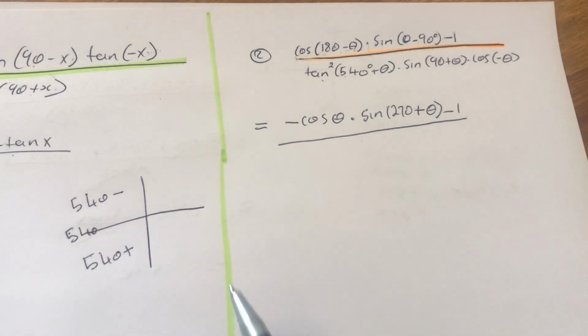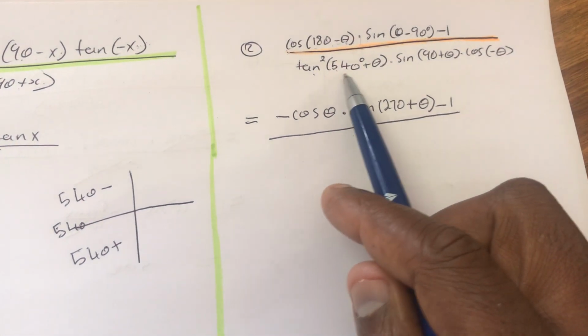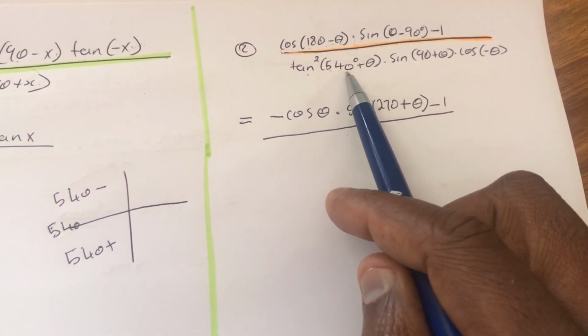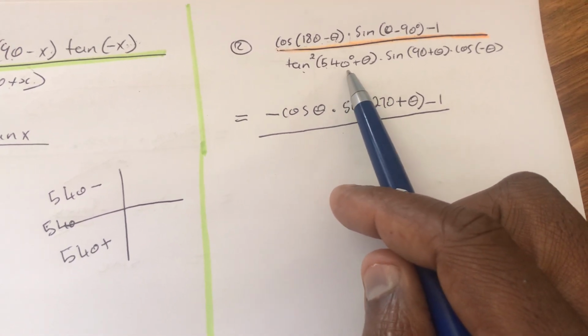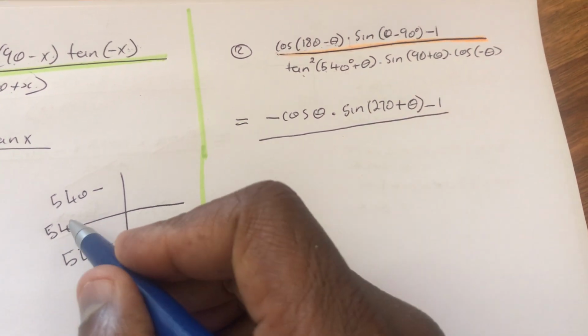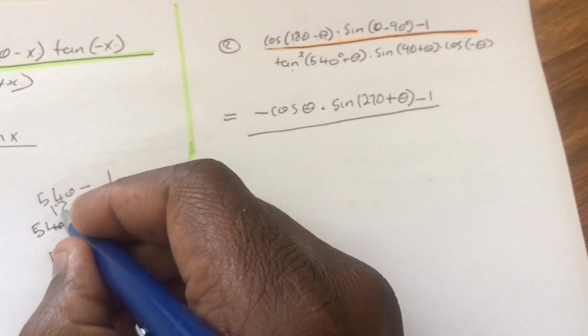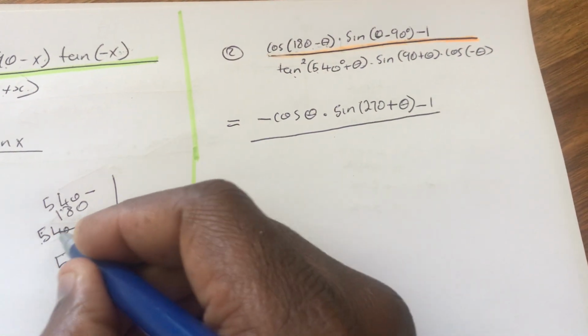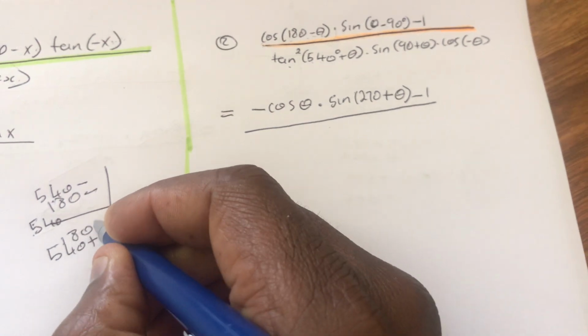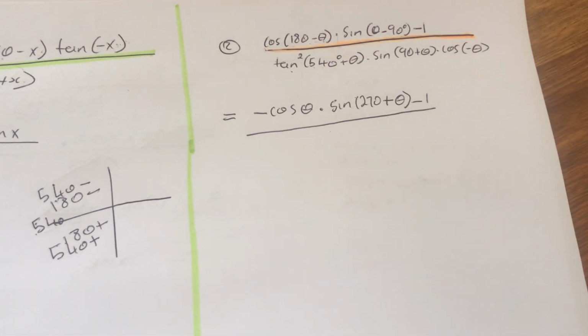But you can also reduce this. You subtract 360 from 540, and then you'll get something like 180. So if ever 180 is somewhere here, it's 180 minus and 180 plus. Do you see that? Very interesting.